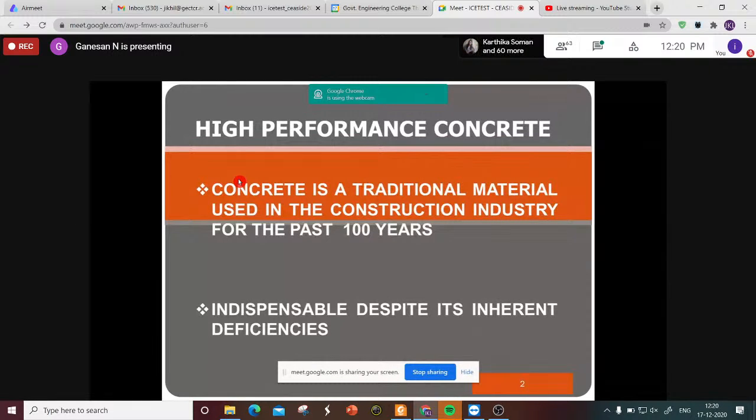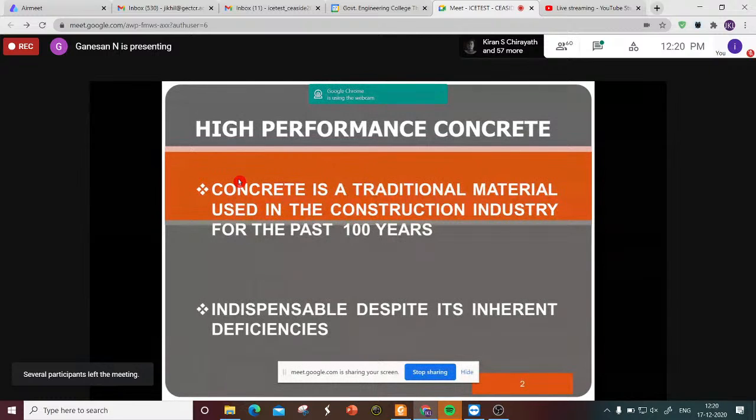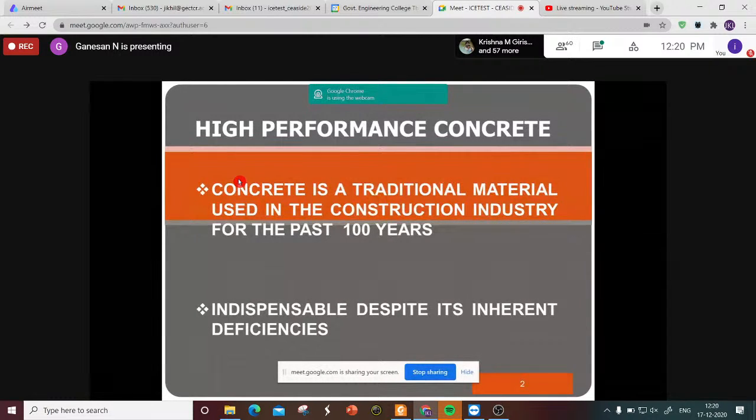You know that concrete is very good in compression and has very high moldability, but the major problem with this very important material is its poor tensile strength and flexural strength. Roughly, the tensile strength is about 1/10 of its compressive strength.